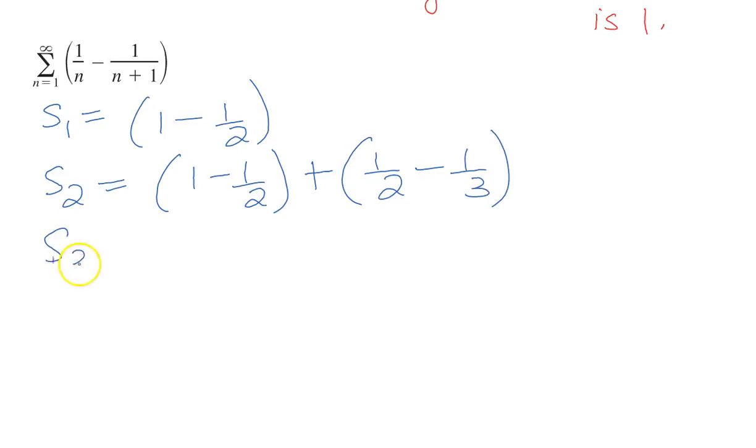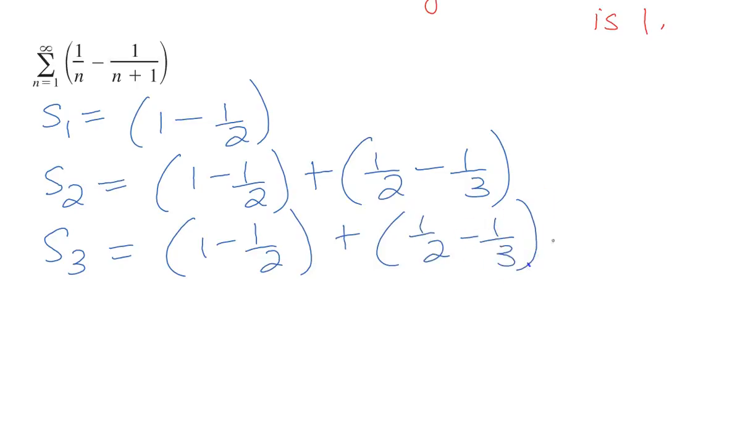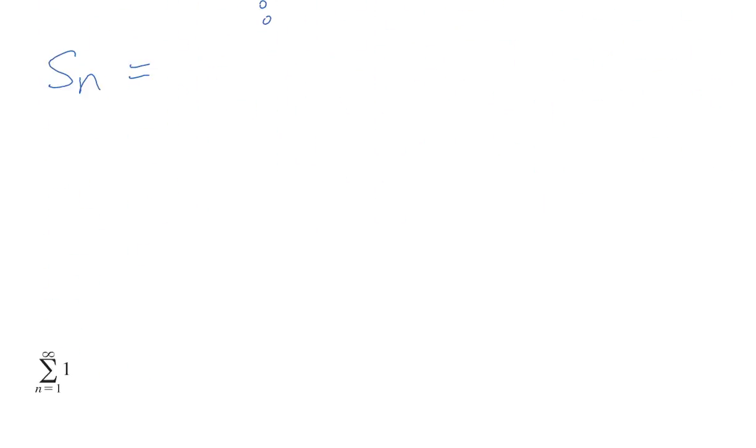Okay, S3 is going to be the sum of the first 3 terms. Here is your first term, here is your second. What's the third one? 1 over 3 minus 1 over 4. Alright guys, so in that manner you will go ahead and establish Sn. Remember, Sn is not given in the question. You have to establish that first. Sn is the sum of the first n terms.